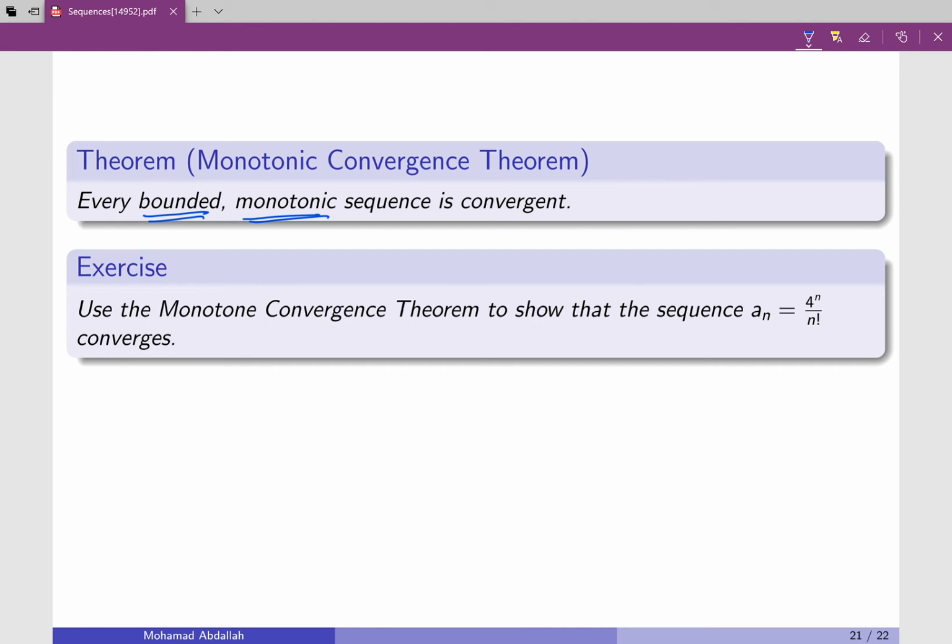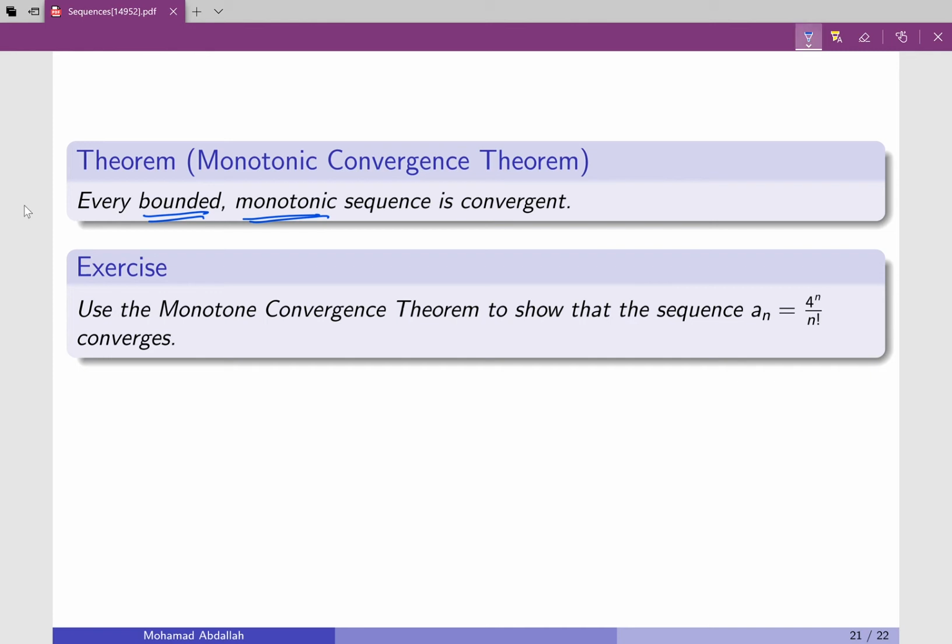So here's a question. Use the monotone convergence theorem to show that the sequence an equal 4 to the power n over n factorial converges. I will leave this as an exercise, so try to show that. I'll give you just some hints here.